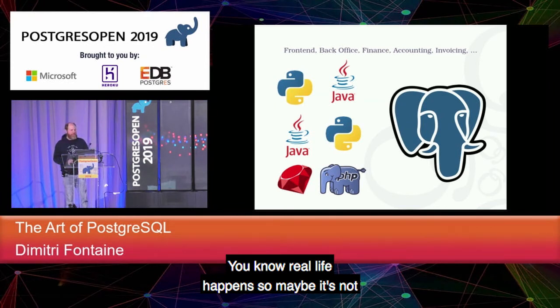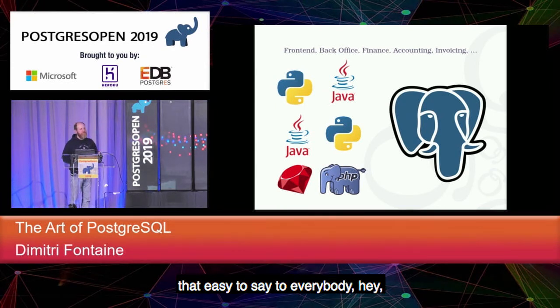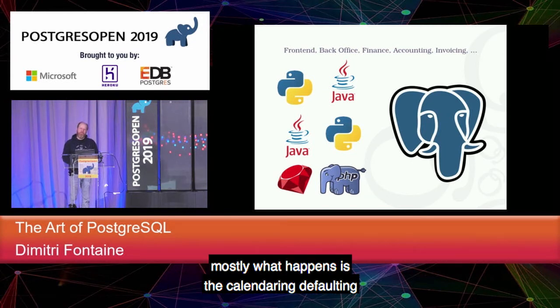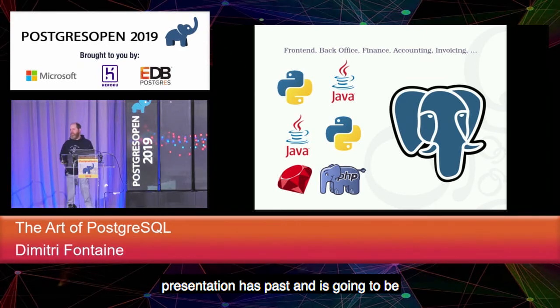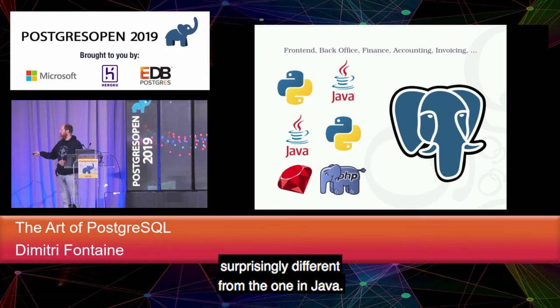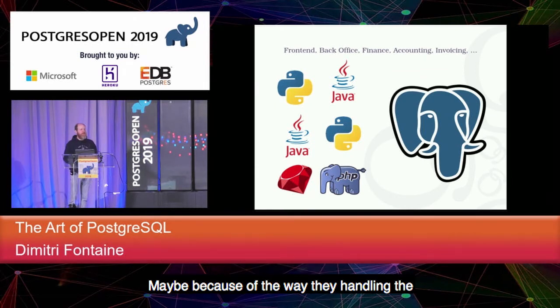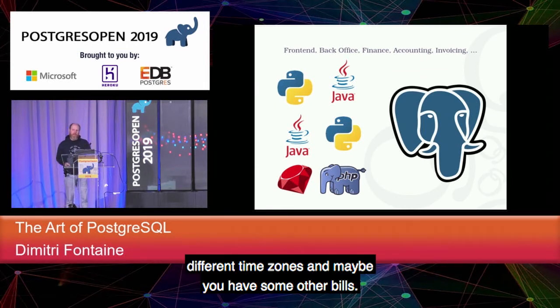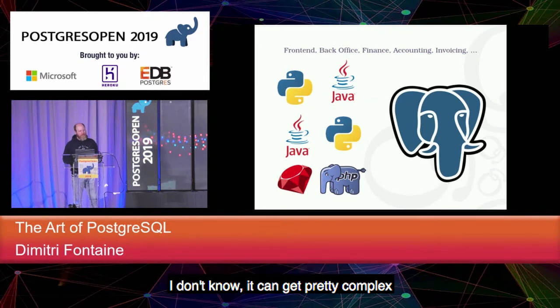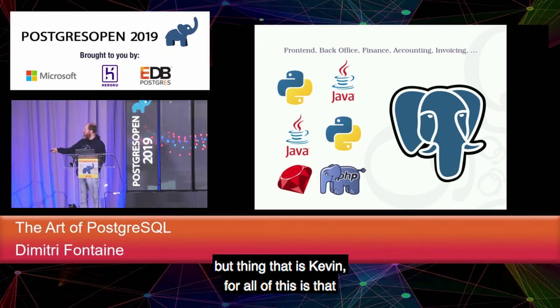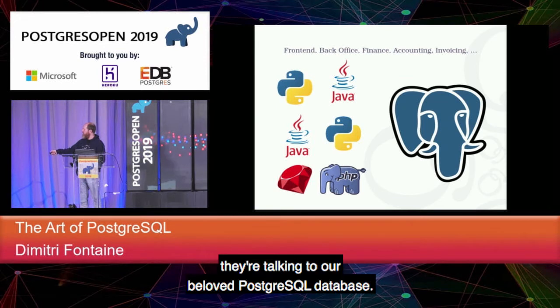So maybe it's not that easy to say to everybody, hey, just use the calendar lookup, because mostly what happens is that the calendar default implementation in Python is going to be surprisingly different from the one in Java. Maybe because of the way they handle the default time zone. And maybe you have some other bugs. I don't know. It can get pretty complex. But the thing that is common for all of those is they're talking to our beloved PostgreSQL database.